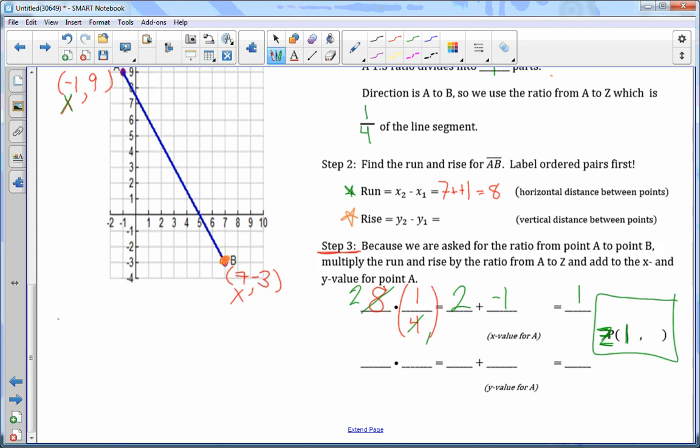This is the ending, because we're starting at A and we end on B. So we have -3, subtract the beginning. This is y2 minus y1. Okay, what's the beginning y? 9. So -3 minus 9 means -12.